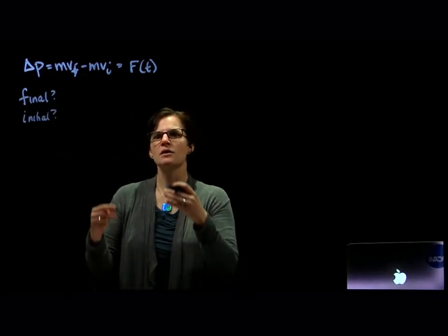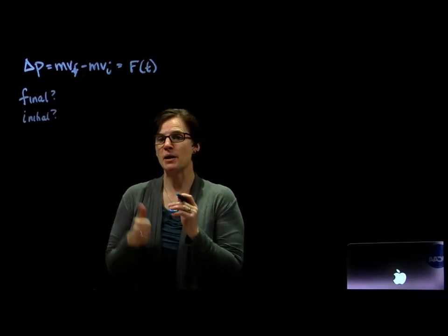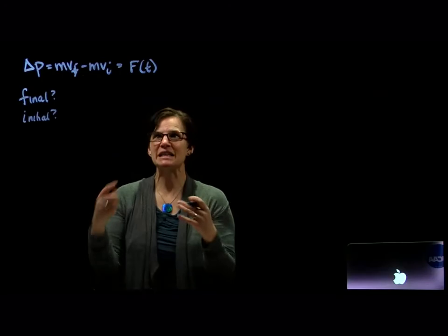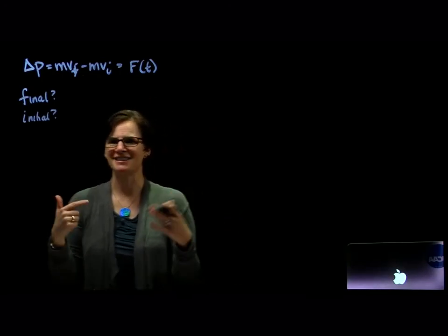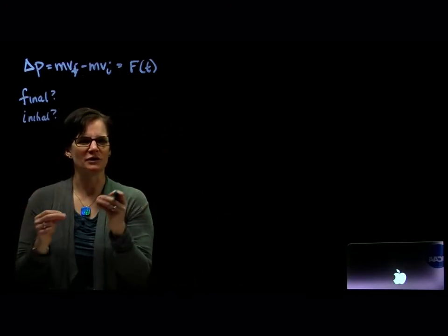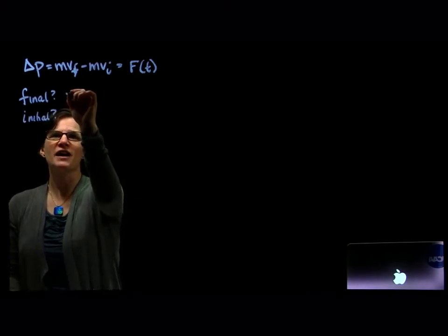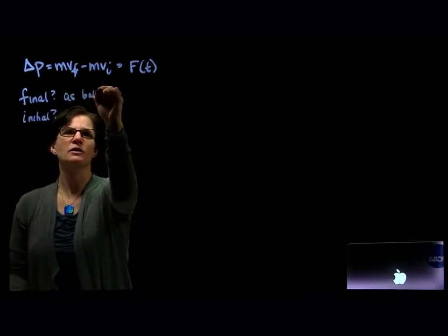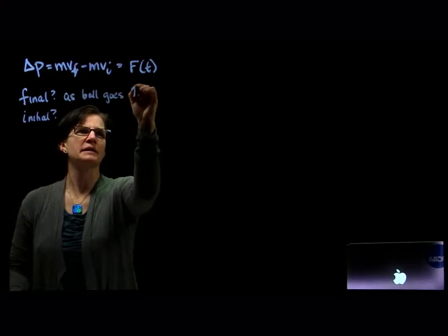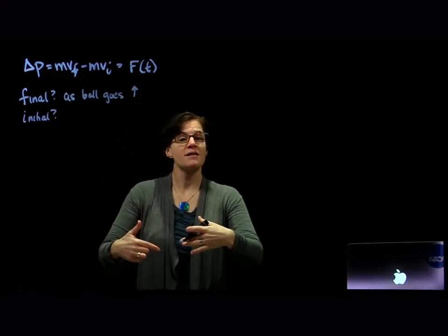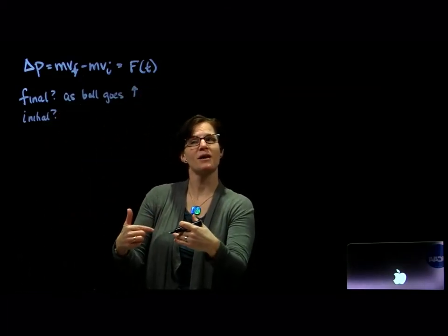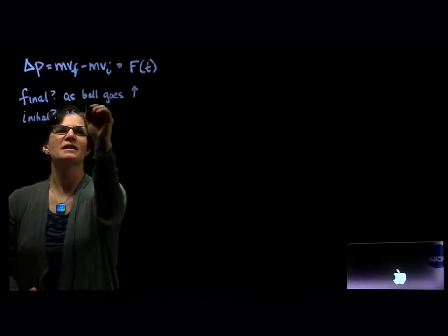Well, the ball hits the floor and bounces back up. So after the interaction, after the force is applied, that's our final, right at that point where the force is no longer applied. So the final is as the ball goes up. And right before that force is applied, right before the ball hits the ground, is our initial.